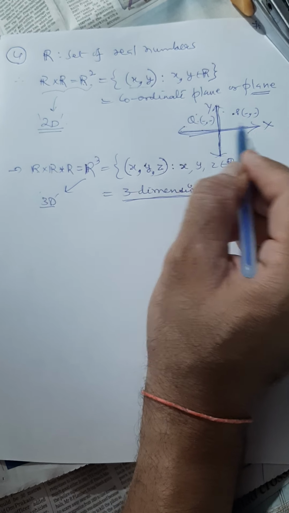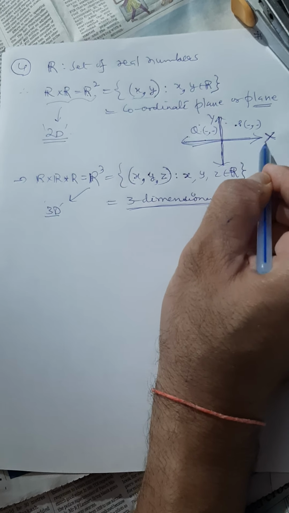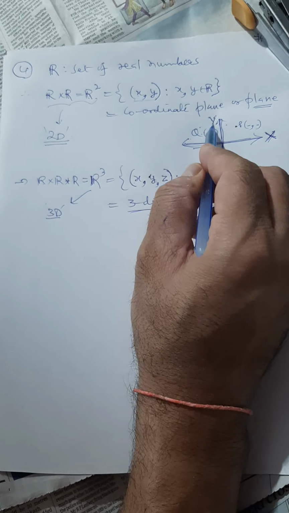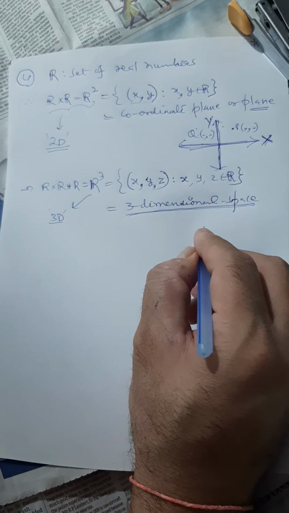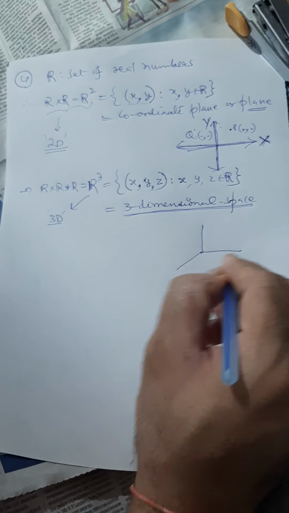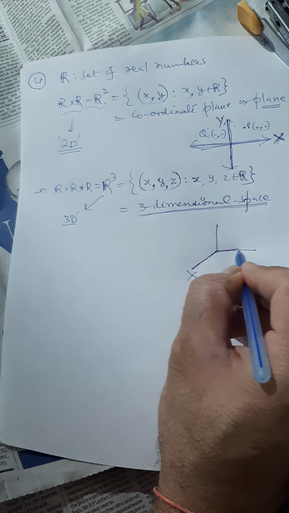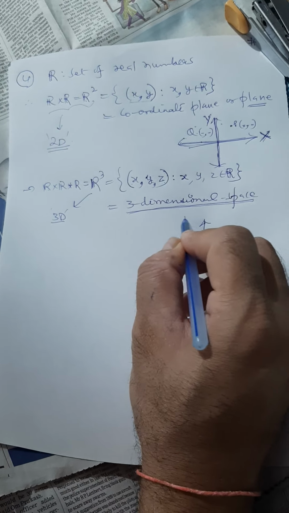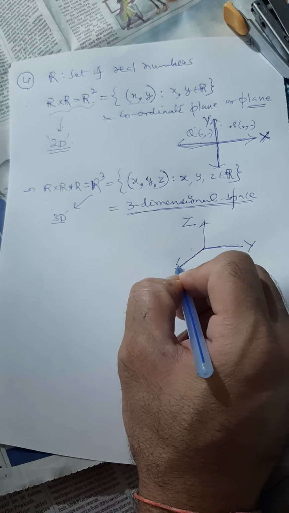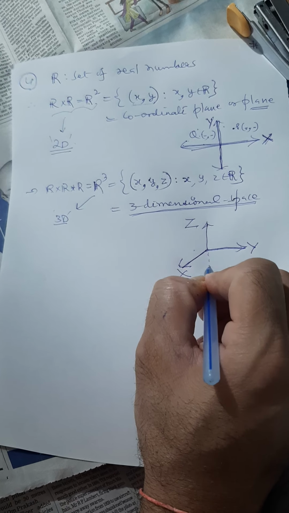In R2 we have two coordinate axes, usually called x and y. So there every point is represented by two components. Here it's like this. This is the x-axis. This is just the set of real numbers. This is, for example, the y-axis. This is again the set of real numbers. This is the z-axis. So x-axis, y-axis, and z-axis.